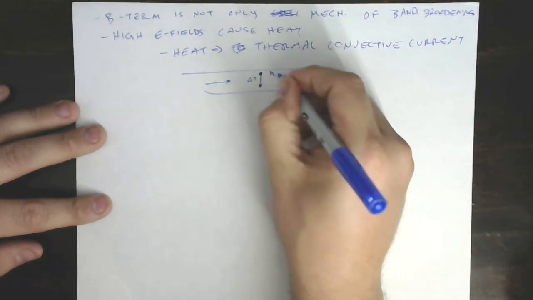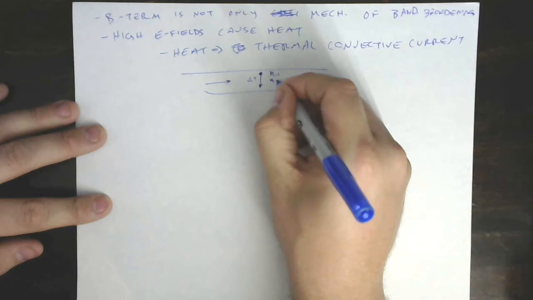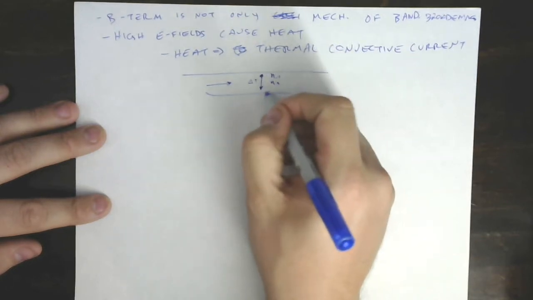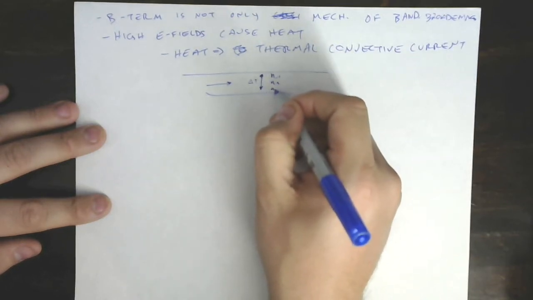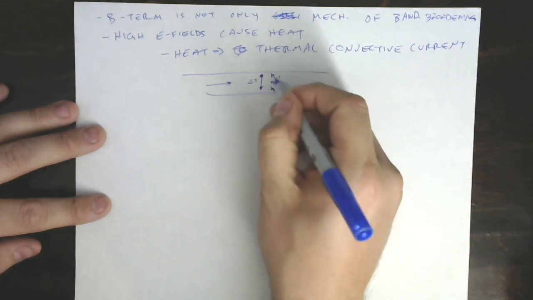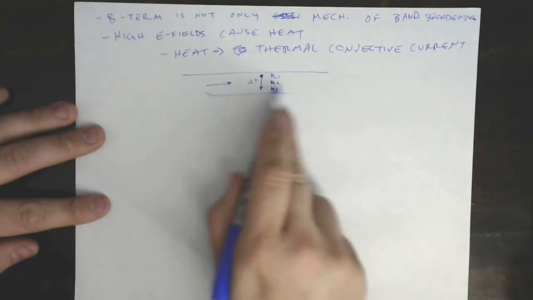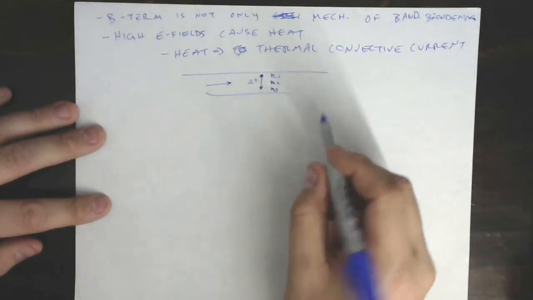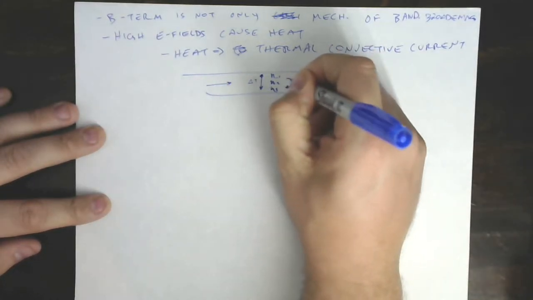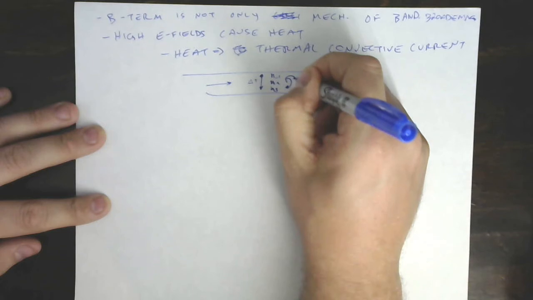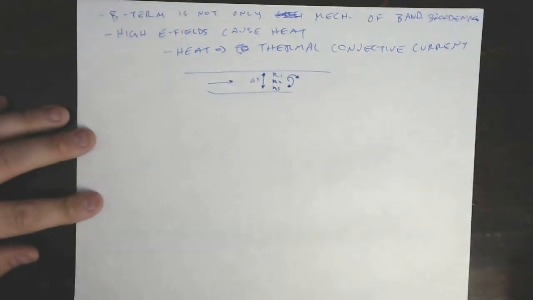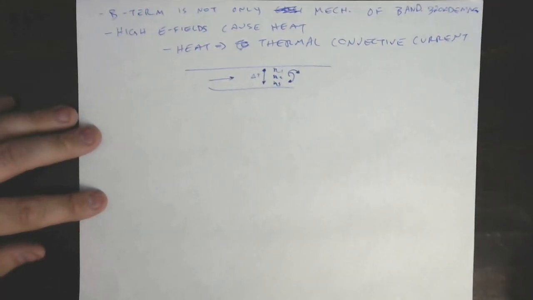We'll have one viscosity up here, we'll have a different viscosity here, and presuming you have a different temperature here, we'll get a different viscosity here. Those are supposed to be etas, not n's. And these different viscosities responding to a pressure field that move them, it's going to cause basically mixing. It's going to cause vortices to cause this stuff to kind of swirl and mix. So that's a thermal convective current.